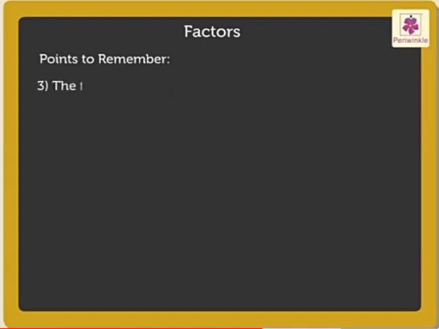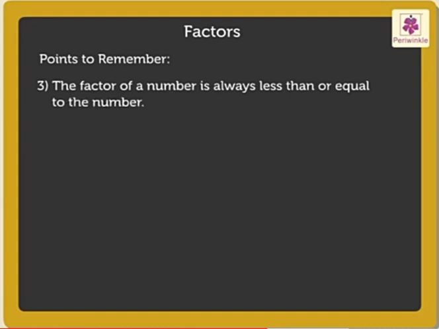Point 3. The factor of a number is always less than or equal to the number. Look at the factors of 12 which we found out earlier. They are 1, 2, 3, 4, 6 and 12.